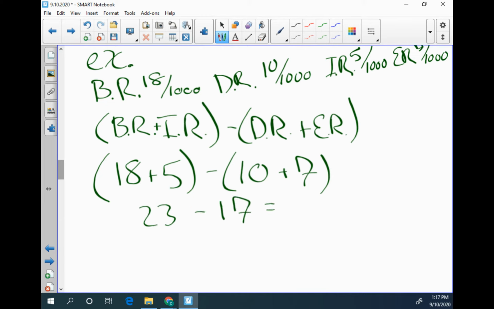So 23 minus 17 equals 6 per 1,000. So for every 1,000 individuals, on average, we are gaining 6. Doesn't matter where from. Our growth rate is 6 out of 1,000.